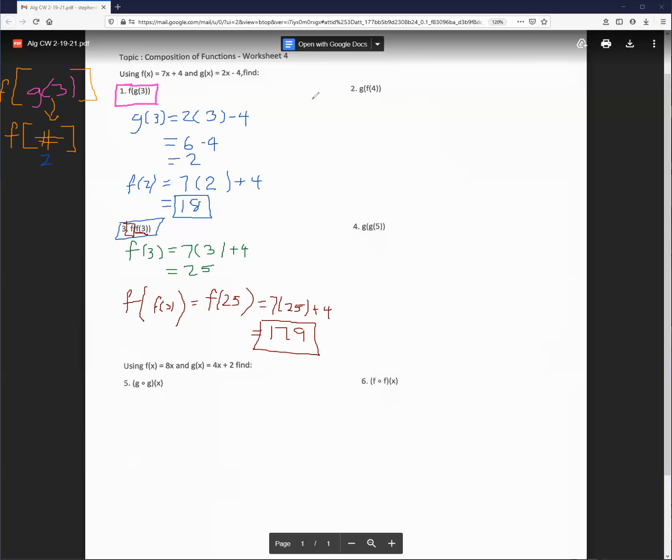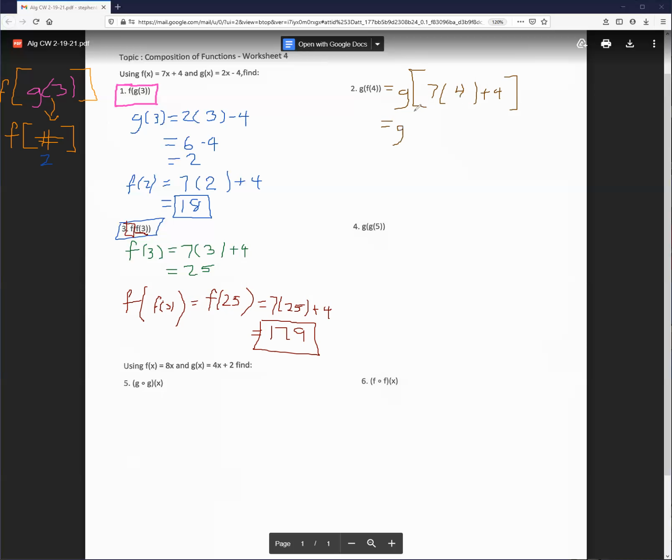Number 2. Yeah, I did 3 before 2. Fight me. So g of f of 4. I'm going to write this one in a slightly different format, just to point out that this is another way we can do this. So g of f of 4. So this is g of, and now we're going to do f of 4 inside. So f is 7 times stuff plus 4, and the stuff is also a 4.